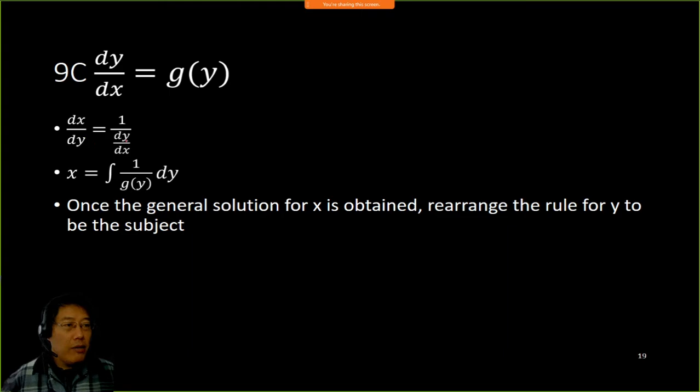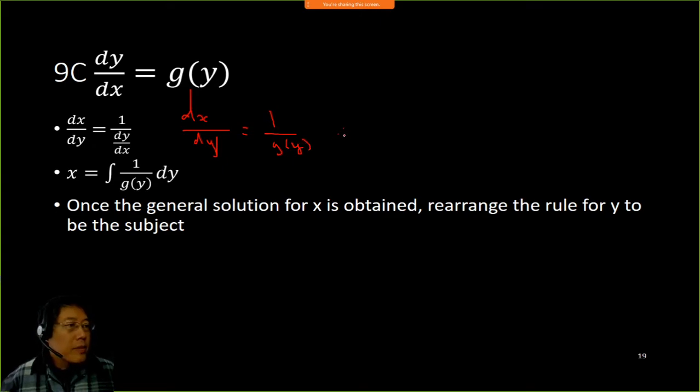what you would have is dx over dy is equal to 1 over g of y.